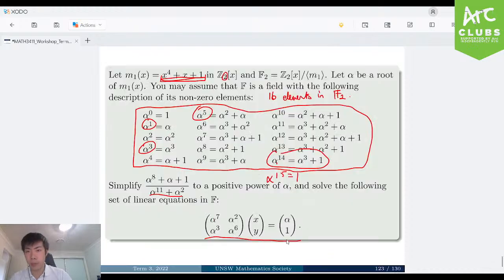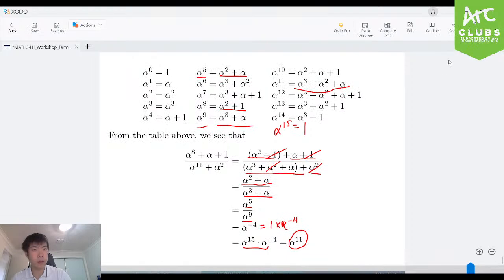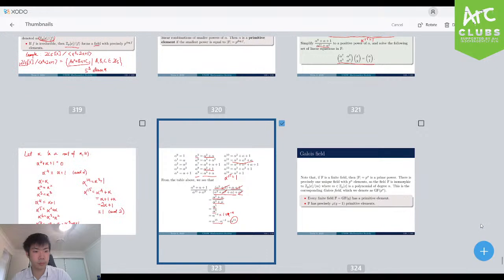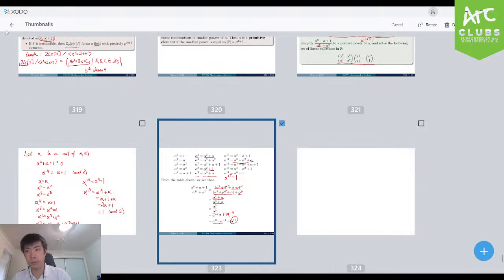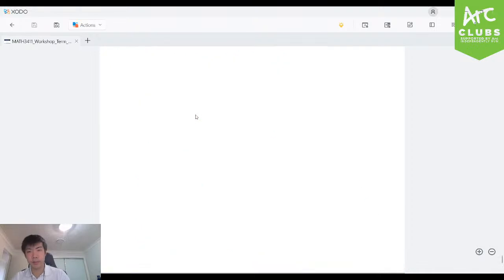And then I'll open up a new page to do this one down here. So let me just open up a new page. Okay, so in this case, I want to solve this.